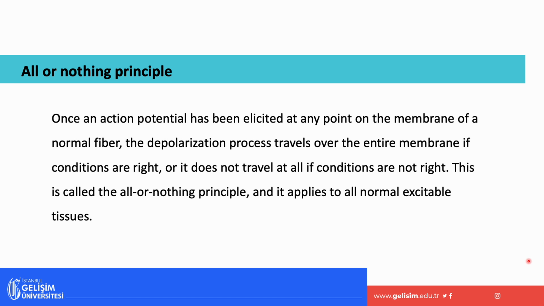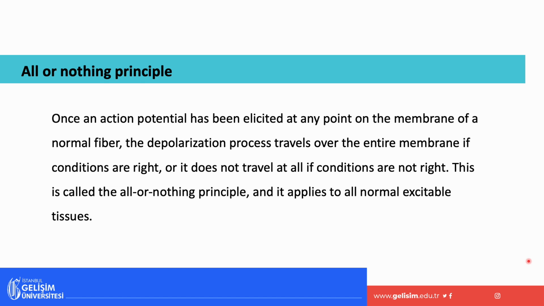This means that if a stimulus is below a certain threshold, it's not going to generate an action potential at all. However, if the stimulus is above this threshold, it will trigger an action potential with a fixed amplitude that is independent of the strength of the stimulus.